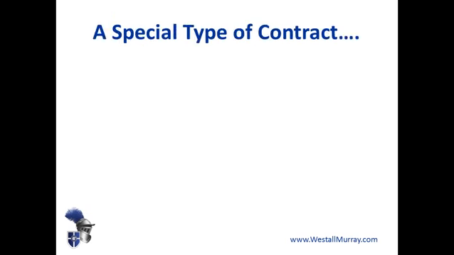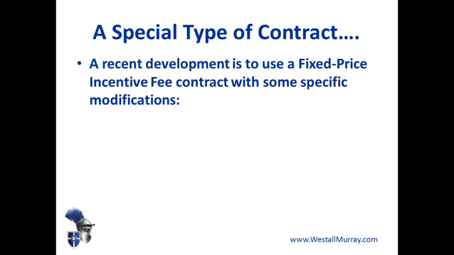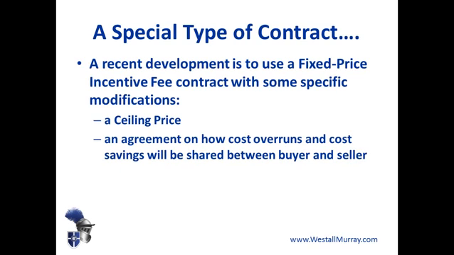One emerging favored type of contract for some organizations is a fixed price incentive fee contract with some specific modifications. Firstly, a ceiling price will be set. And secondly, even though it's fixed price, it's based on a fair estimate of how much the vendor will incur in costs to do the work for you.